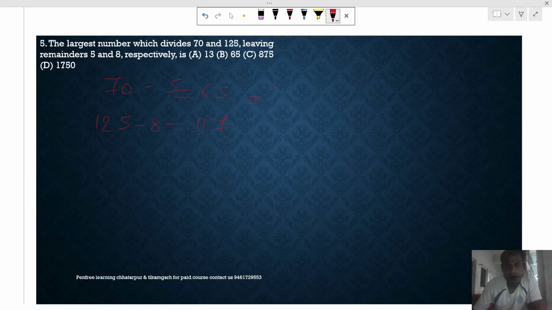We will prime factor: 13 into 9. The LCM will be 13 into 9 into 5.